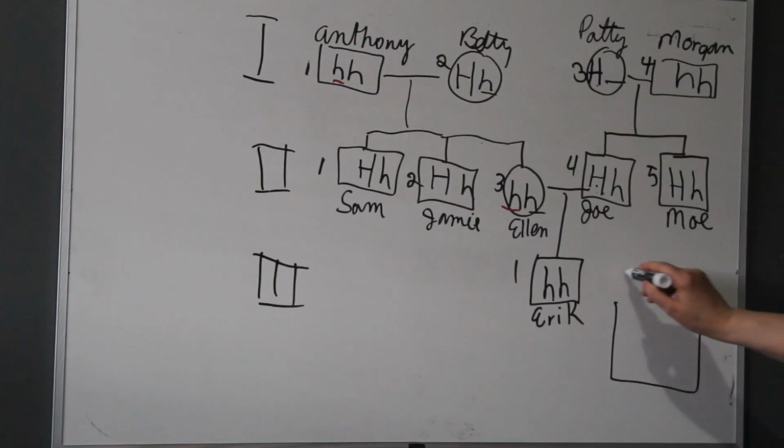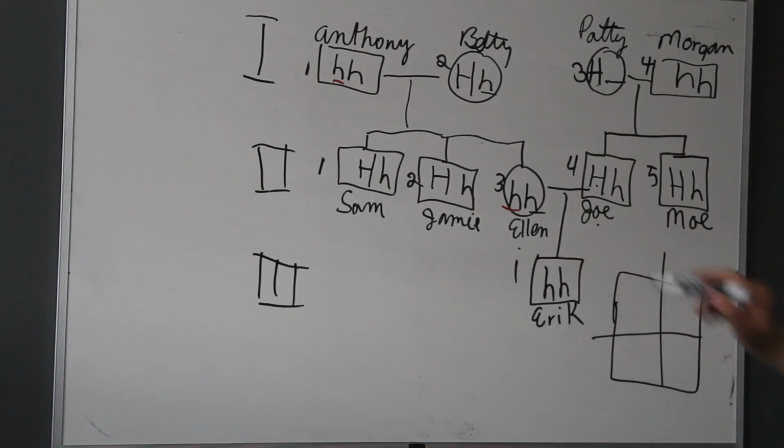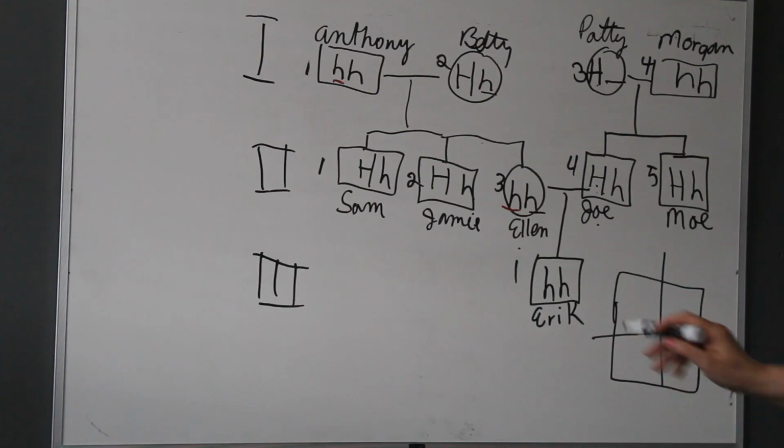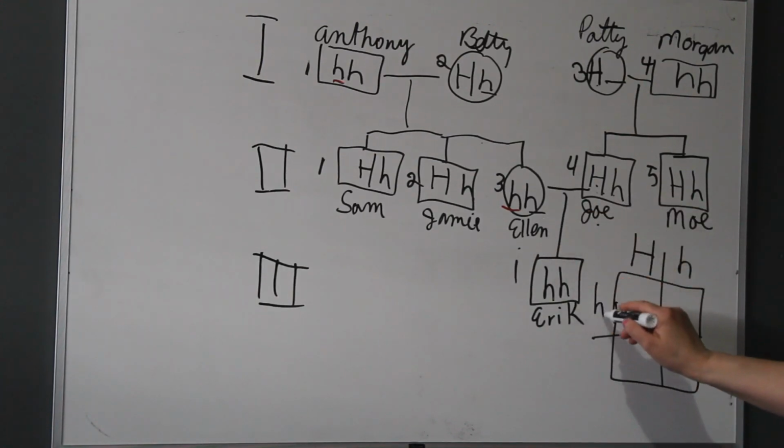Okay, so I'm going to do this Punnett square here for Ellen and Joe. If they had more children, what is the chance that their child would not have a horn or would have a horn? They already have a child with a horn. Okay, so Joe, there's his genotype, and Ellen, there's her genotype.